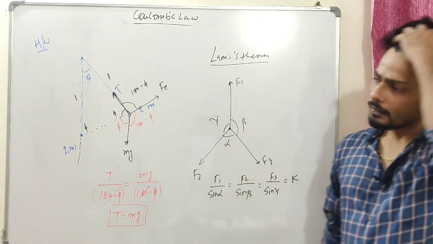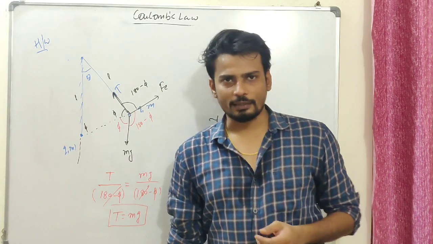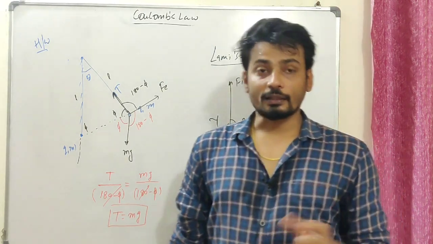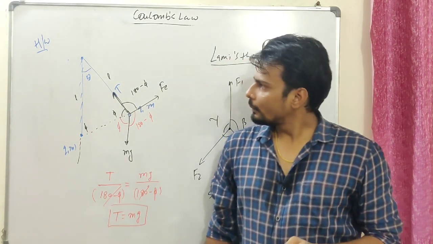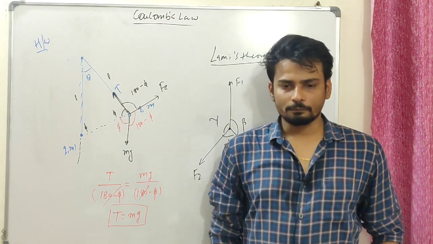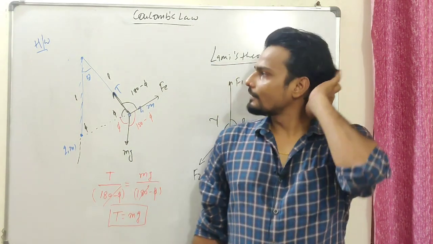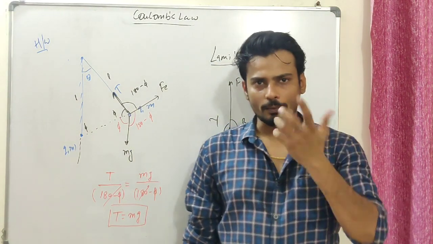All okay? Now, one more thing, I want to discuss a couple of questions based on the vector form of Coulomb's law. That will take probably 20 minutes, so I don't want to continue in this video. I'm going to put up a next video in which I'll precisely discuss the vector form of Coulomb's law.